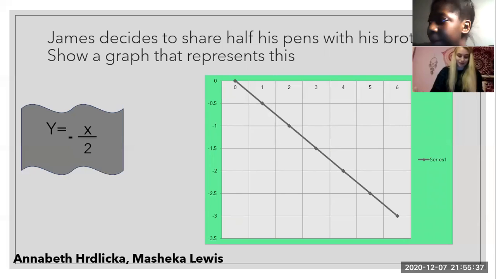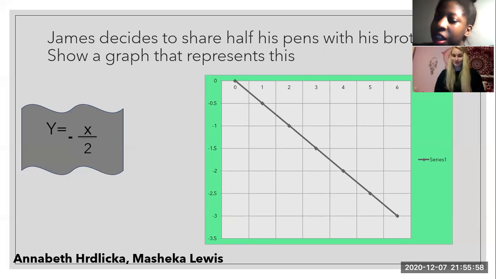And I also have a question for you as well. Okay. So you see it says that James decides to share half the pins with his brother. So let's say that if the amount of pins were uneven, would you have to round the pins up or round them down? For this question, with pins, you cannot break a pin in half, to be more realistic.